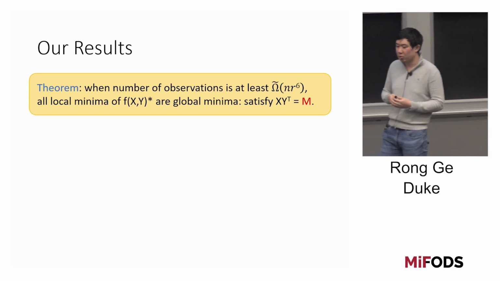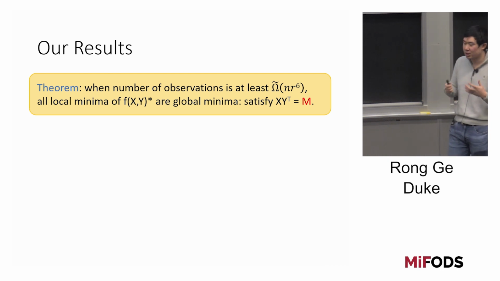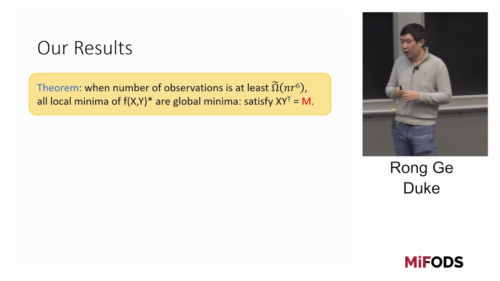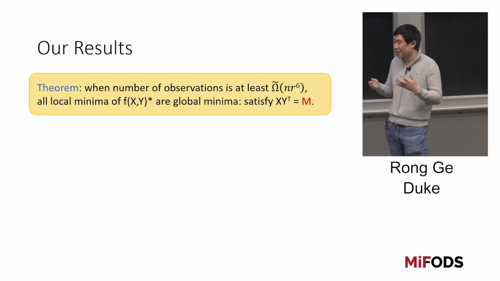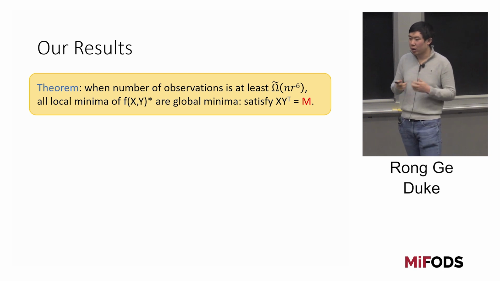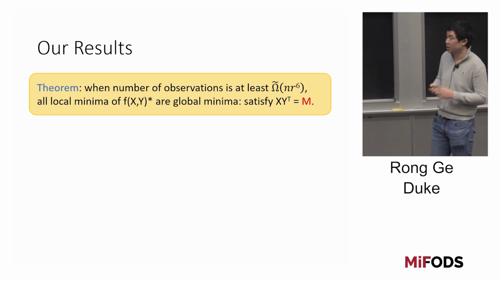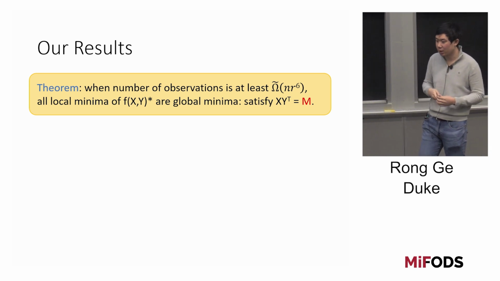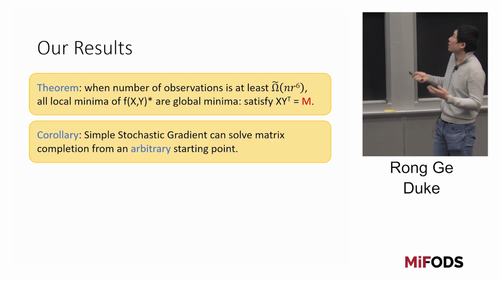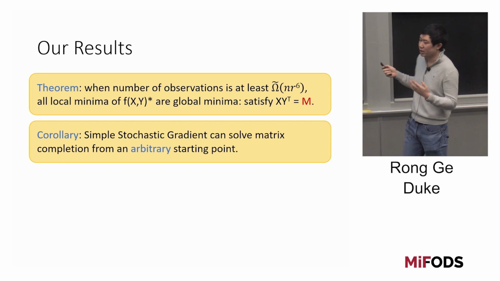What we can show is that when the number of observations is at least n times r to the 6, where n is the size of the matrix and r is the rank, all the local minima of this objective function, with a star here because we need to add some regularizers, are global minima in the sense that they all satisfy XY transpose being exactly equal to this unknown matrix M. As a corollary, because all the local minima are good, simple stochastic gradient descent can solve matrix completion from an arbitrary starting point.